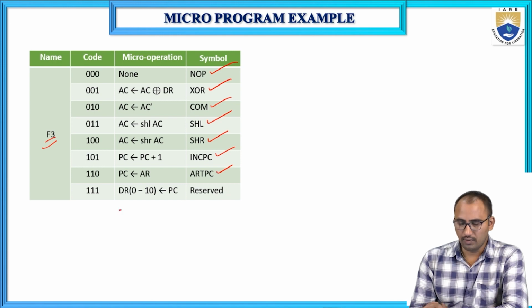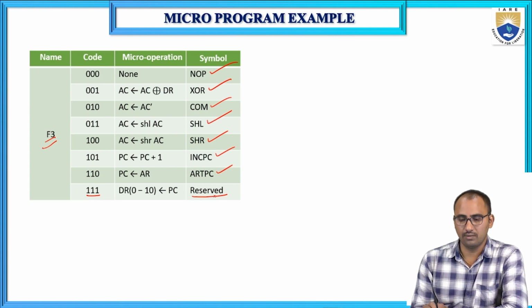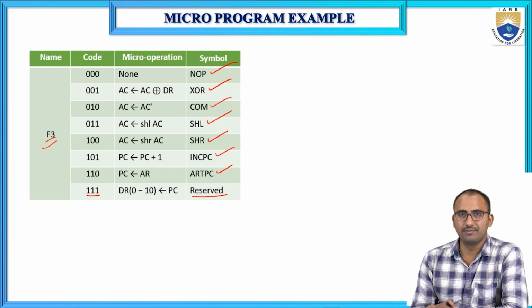And when the micro operation code is all ones, that is reserved. That means in the future, if you want to use it, we can use it. So this is about the F1, F2 and F3 fields.